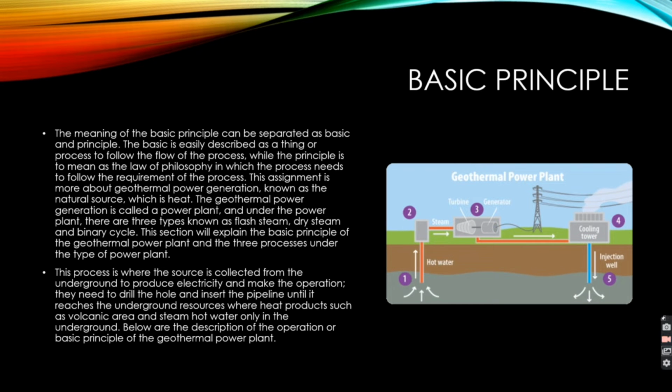They need to drill a hole and insert the pipeline until it reaches the underground resources where heat is produced, such as volcanic areas and steam or hot water underground. Below is the description of the operation or basic principle of the geothermal power plant.